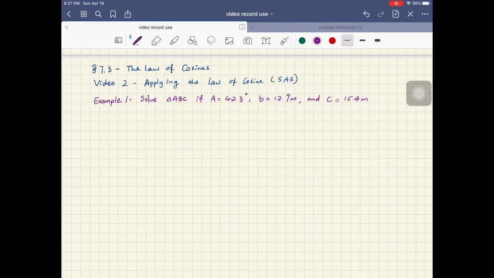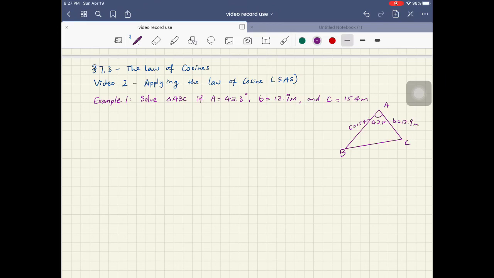For this situation, we have angle A and two of the sides. If we draw a really general triangle, labeling the vertices A, B, and C, then angle A is 42.3 degrees, side B is 12.9 meters, and side C is 15.4 meters.